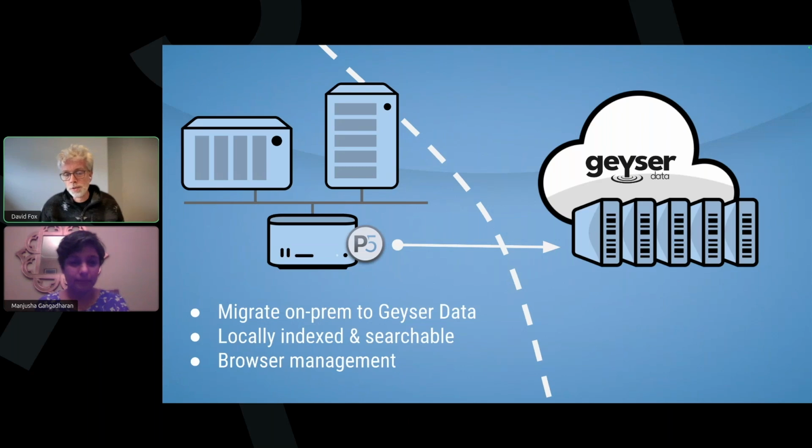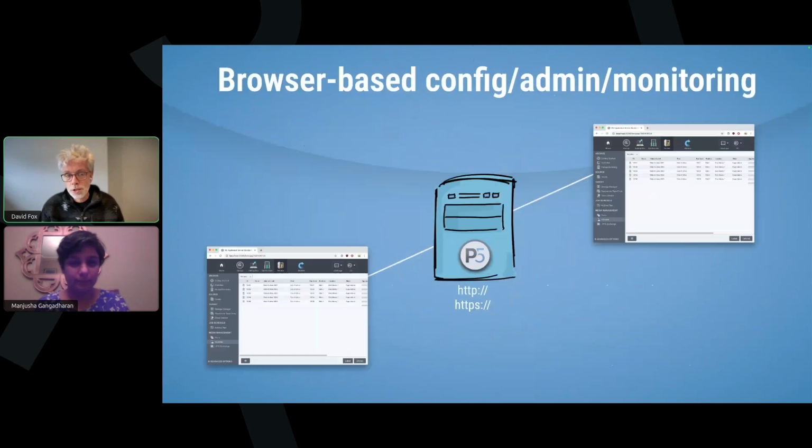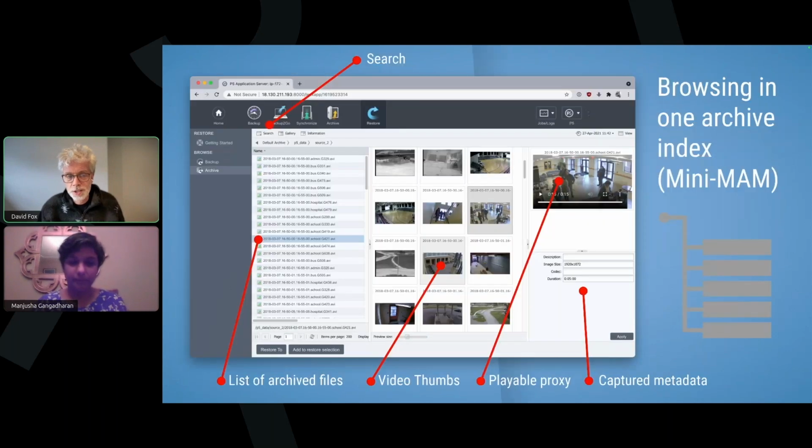And all of this is occurring in the browser. So the whole product is managed using a web browser that's pointed to the host where P5 is running. And we are providing a web admin interface that looks like this. So this is an example of us having archived a load of CCTV AVI video files, just as an example.